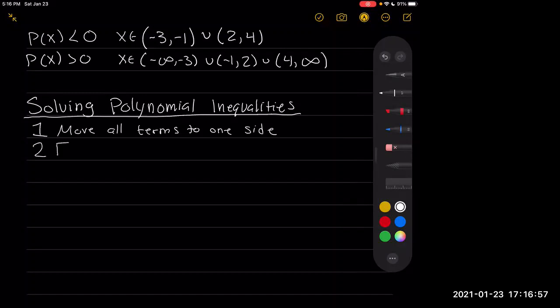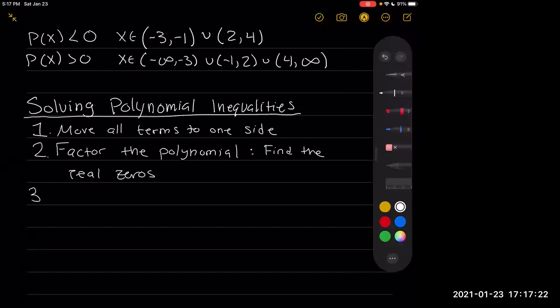And then 2, we're going to factor the polynomial. And this will let us find the real zeros. And remember, our real zeros are also our x-intercepts. All right, and then 3, we're going to find the intervals. So these intervals are determined by the real zeros.